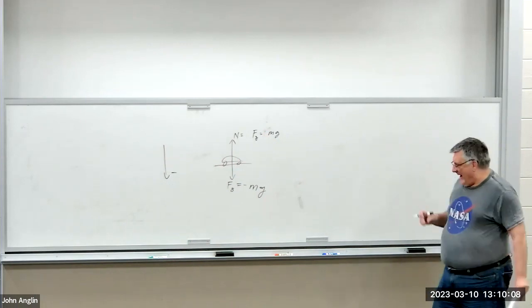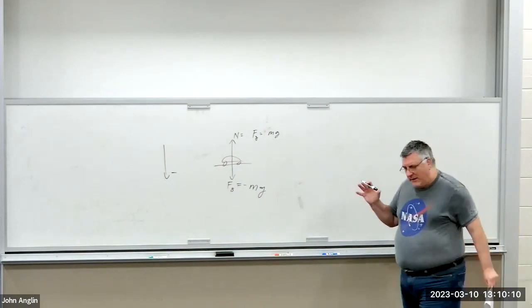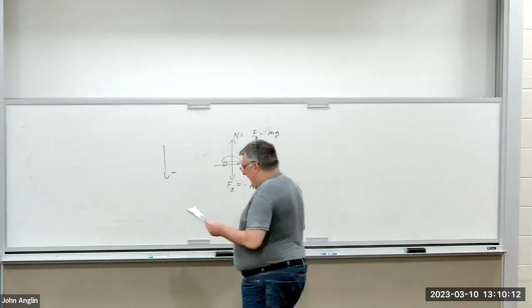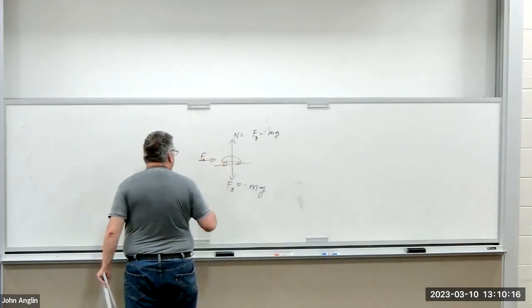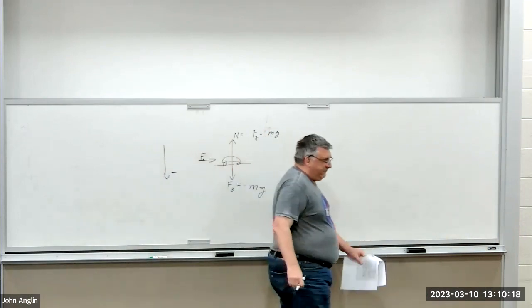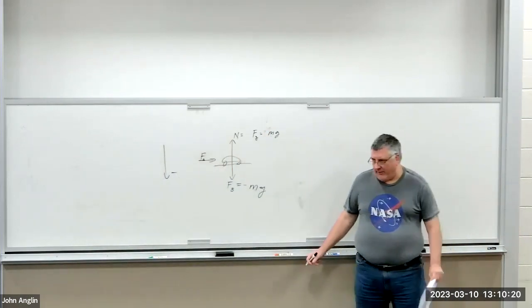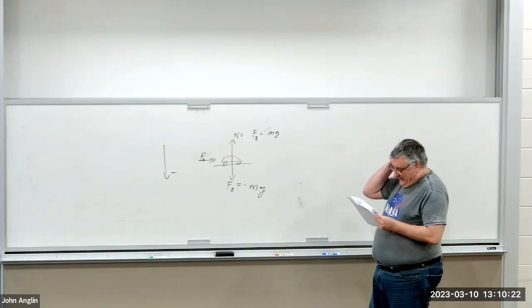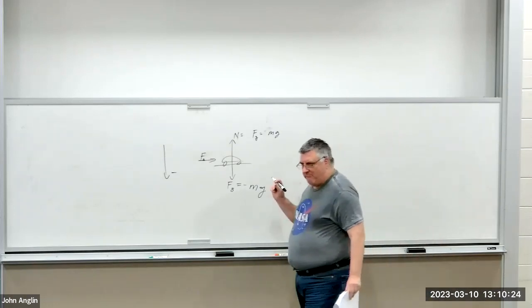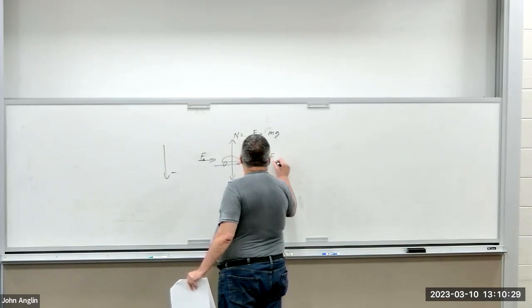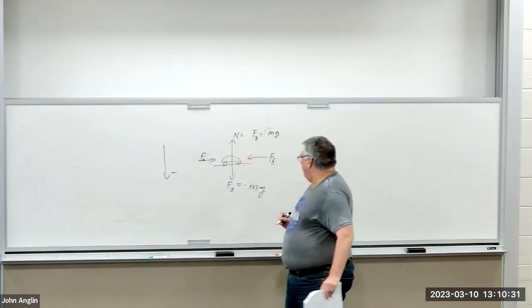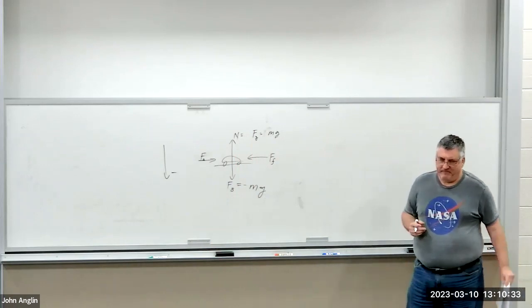Now let's say that we come along and we apply some force, we'll call that the applied force, F sub A, on the car. As soon as we apply a force, there must be an equal and opposite force. And we're going to say that's the force of friction.